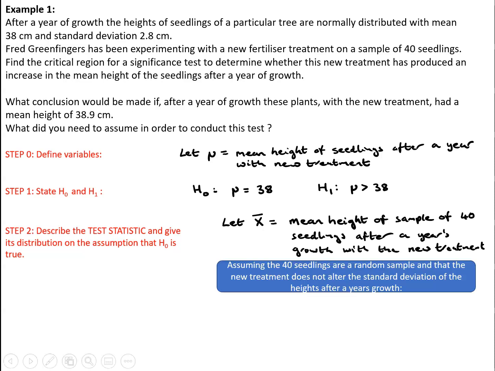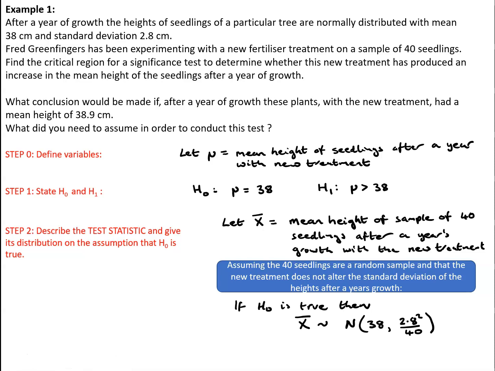Now, provided we assume that the 40 seedlings are a random sample and that the new treatment does not alter the standard deviation of the heights after a year's growth, then if the null hypothesis is true, we can say that the sample mean x bar is going to be normally distributed with a mean of 38 and a variance of 2.8 squared divided by 40.